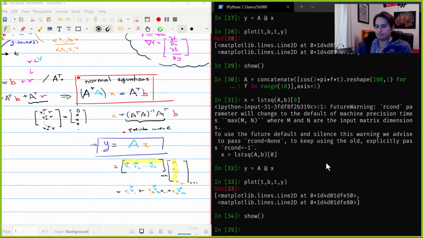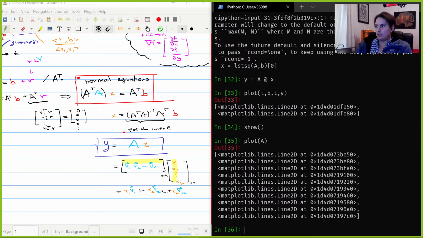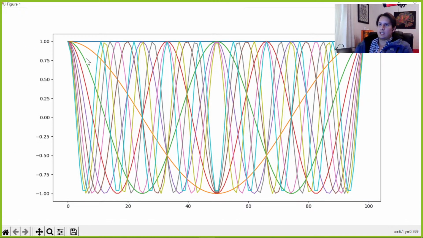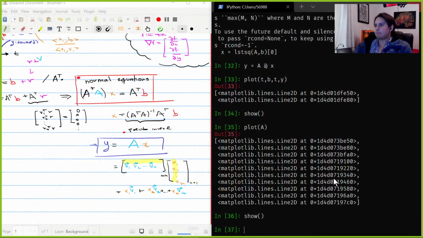If we look at this, the space of the basis functions, we see that we have a cosine with a very low frequency, and another one with increasing frequency.